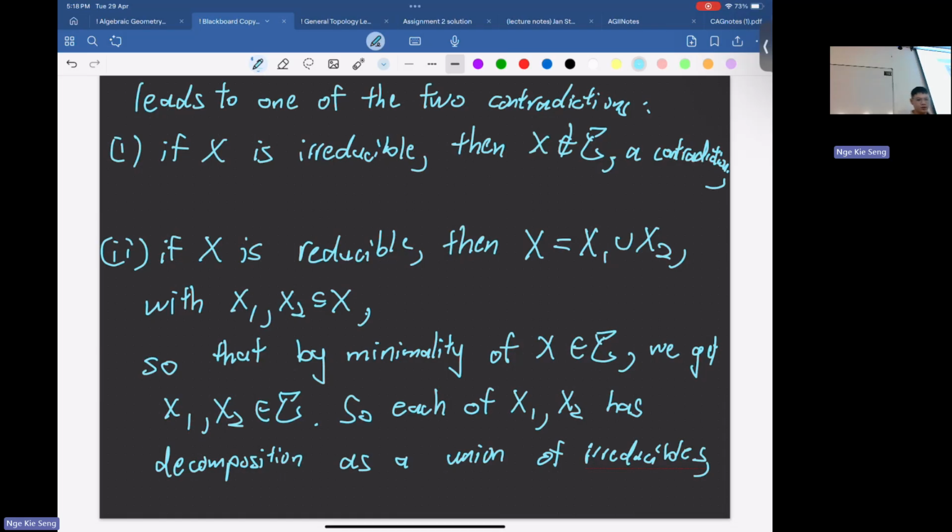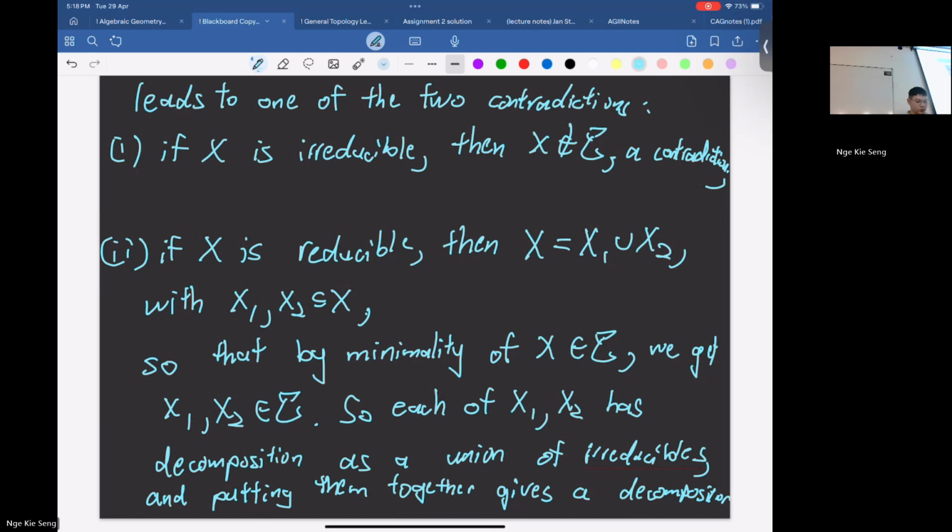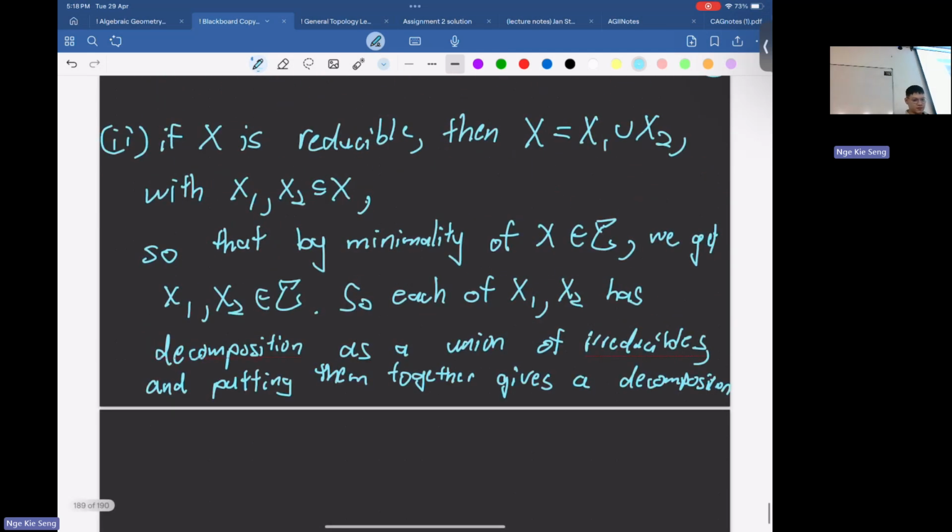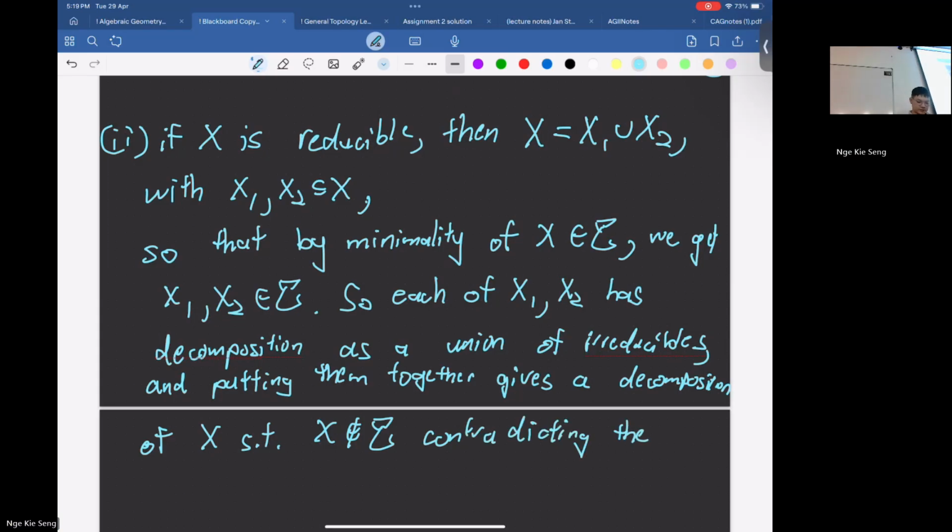Then you just put all the decompositions together, and this is a decomposition of X. Meaning X has a decomposition, so X shouldn't be in sigma, contradicting the construction of X.